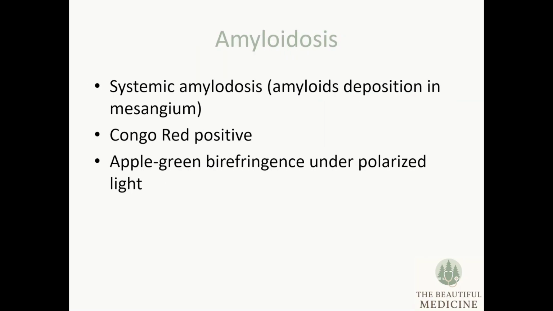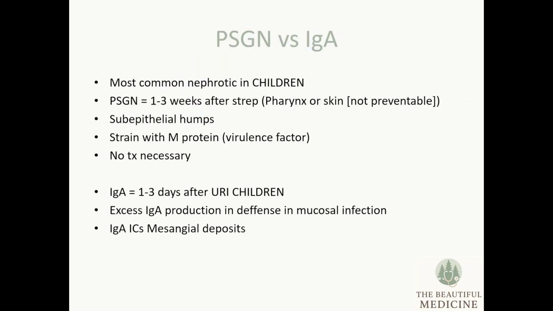In that region, you get those subepithelial humps, and the strain of pyogenes that causes this is with the M protein. This is a virulence factor, and you don't need treatment. In most cases, it just gets better by itself.